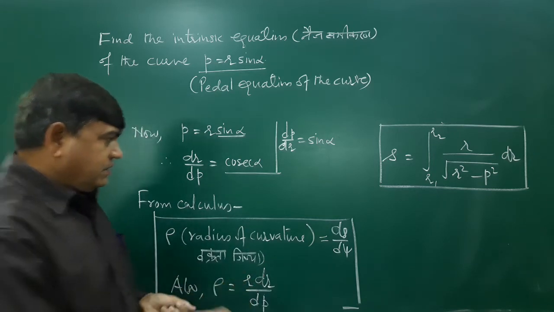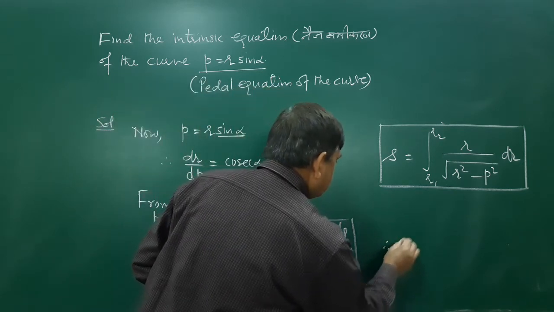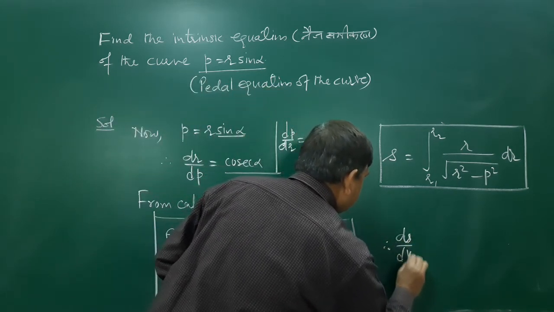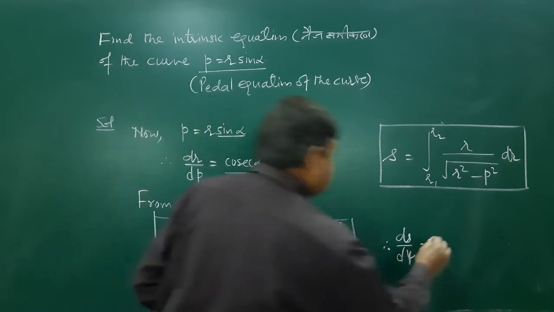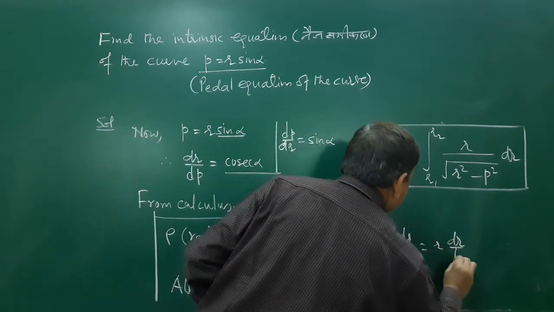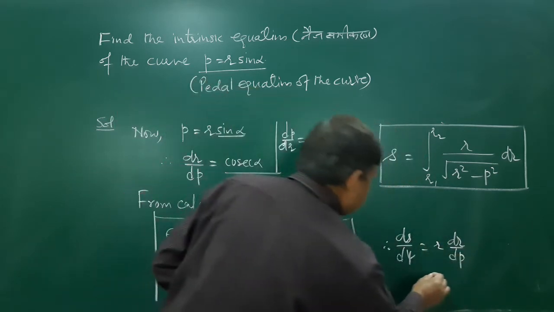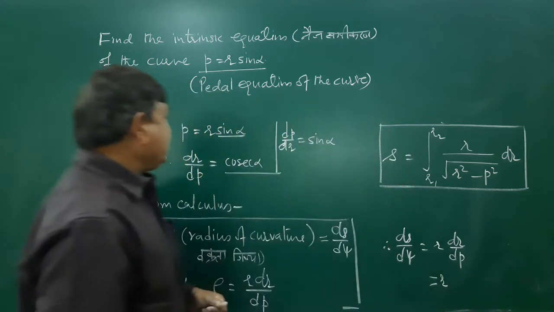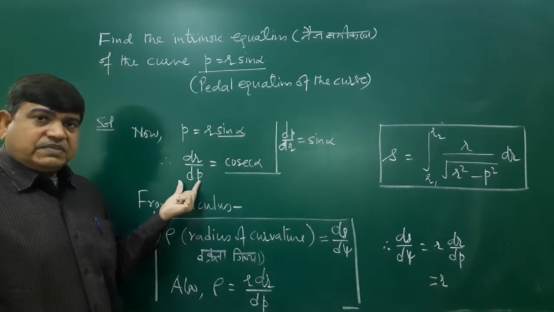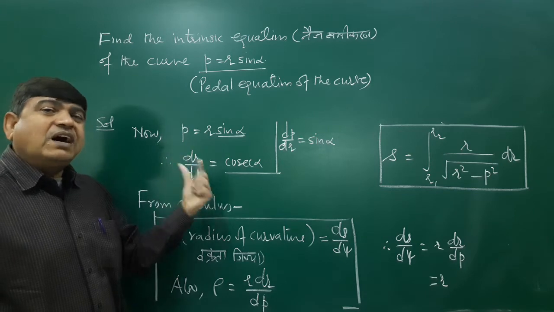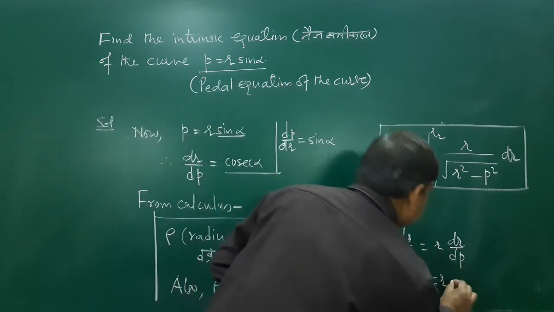So therefore ds by d psi is r dr by dp, and this we have already calculated because it is given in terms of p and r. So this is cosec alpha.